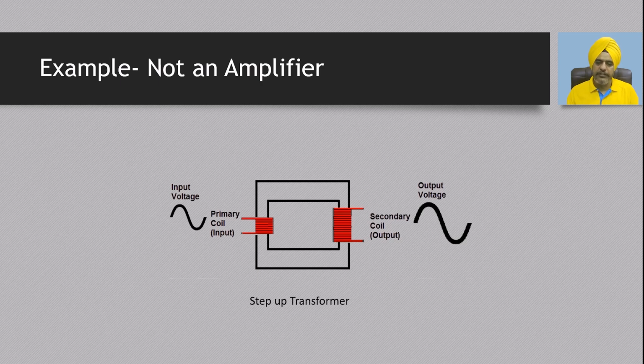And if we take into consideration the losses in the transformer, the net output power is less than the input power of the signal. So that is why we say that a step up transformer is not an amplifier.